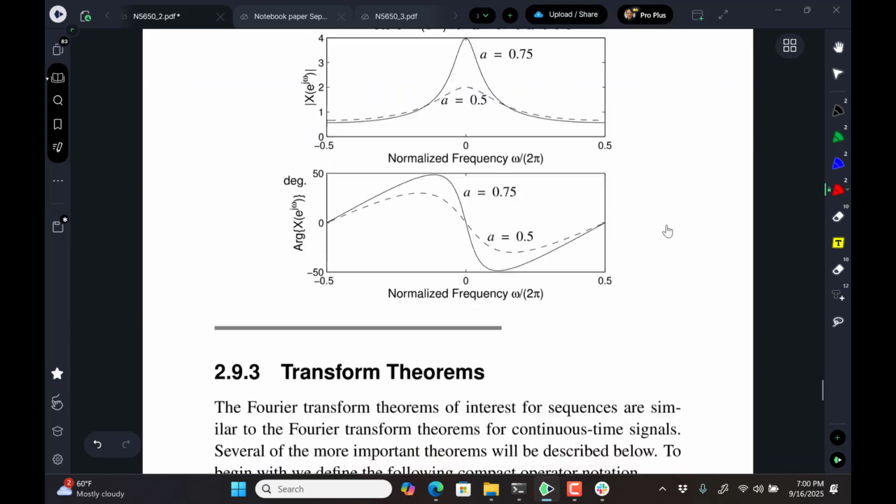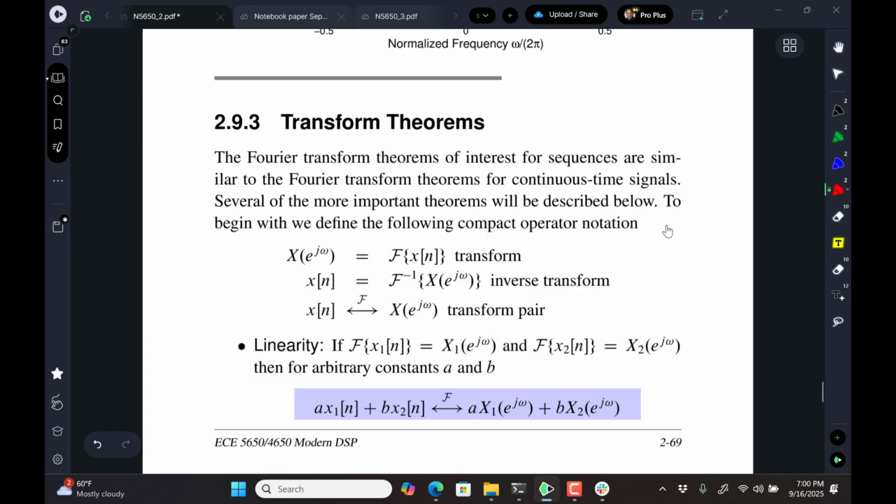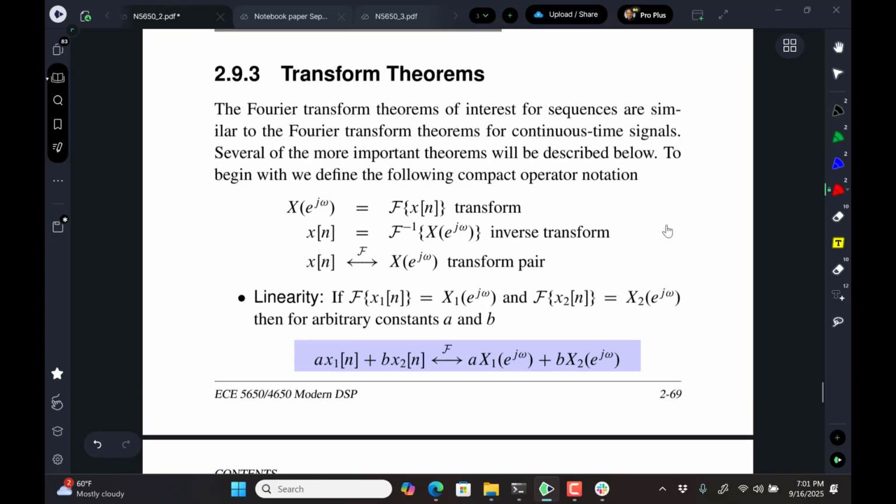So let's go into the theorems. This is the fun part because it will allow you to work the homework problems faster, and it will allow you to get them done. So we have the transform theorems. The notation the book likes to use is the script F for Fourier and a waveform, a signal or sequence x of n transforms to X of e to the j omega, assuming it exists.